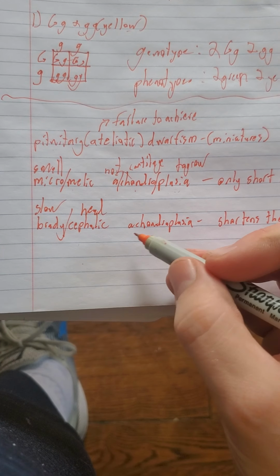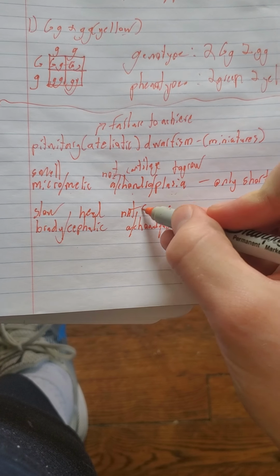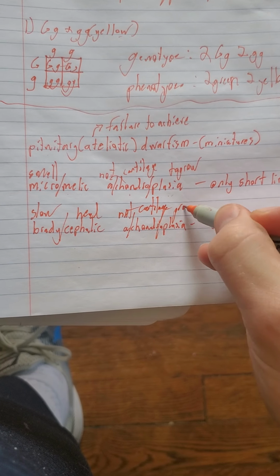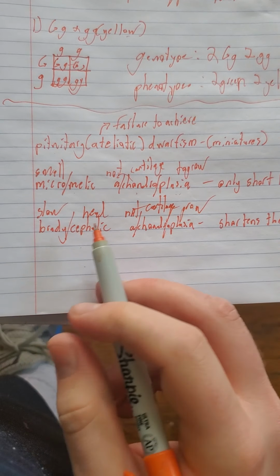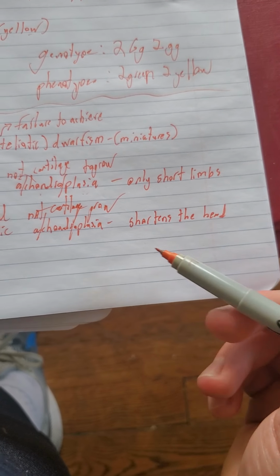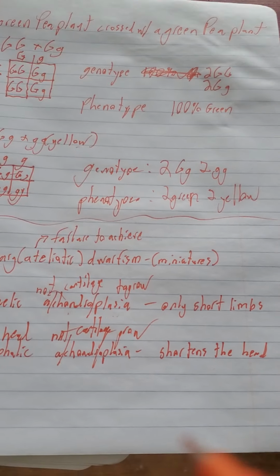And then achondroplasia here means the same: not cartilage grow. So it's not growing cartilage. Slow head. So then there you go. Shortens the head. If you understand those three definitions, you guys will be good to go. I hope that helps.